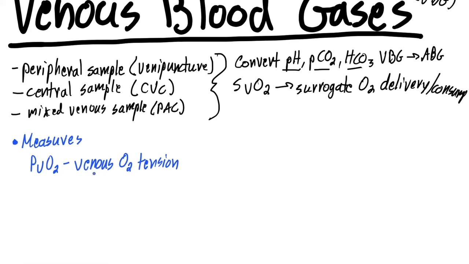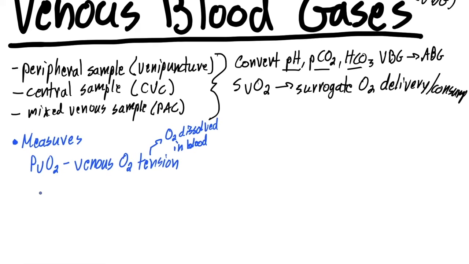All right. What is oxygen tension? Well, the oxygen tension is the amount of oxygen dissolved in the bloodstream. So this is the amount of oxygen dissolved, floating around in the blood. Not attached to hemoglobin, but the actual dissolved oxygen in the blood.